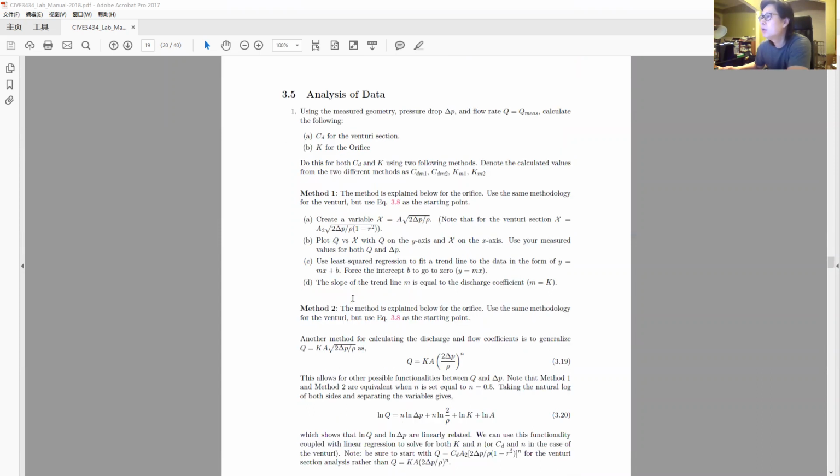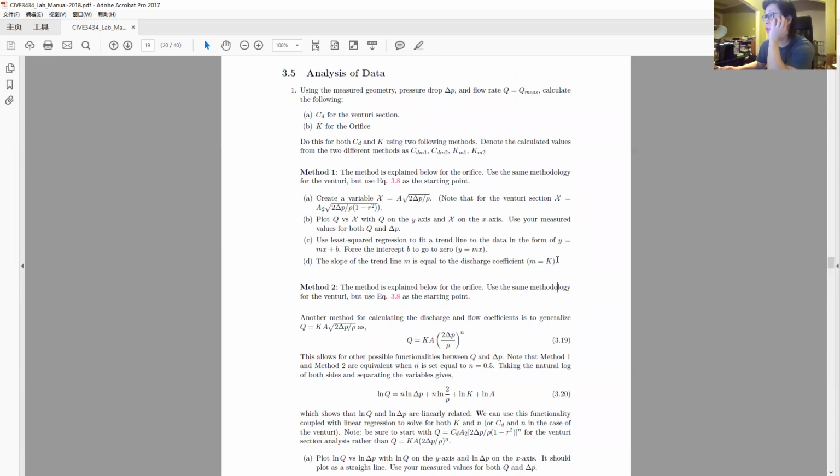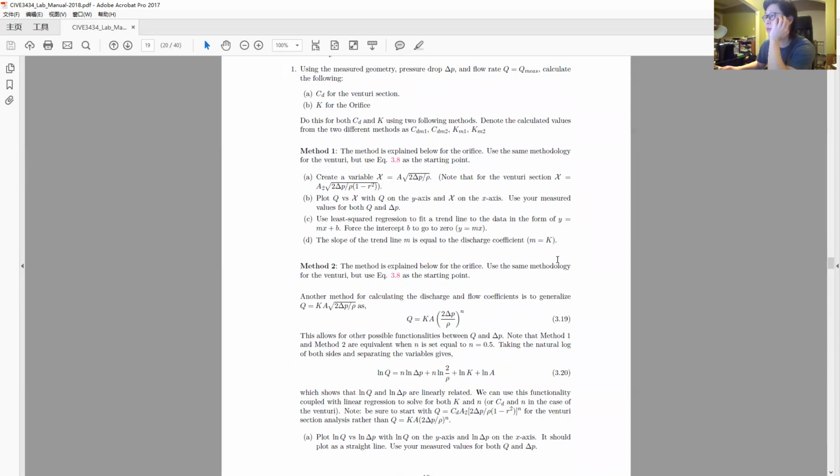Use the least squares regression to fit a trend line to the data of the form y equals mx plus b, forcing the intercept b to go to 0. So that's y equals mx. The slope you have is your coefficient K for the orifice. That's method 1.